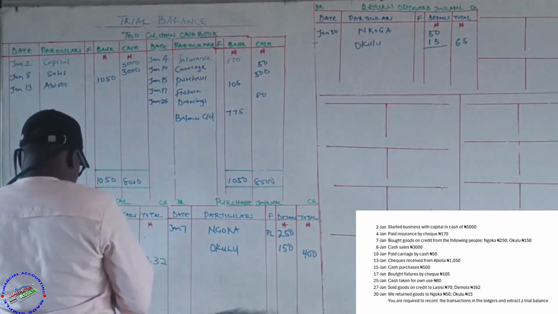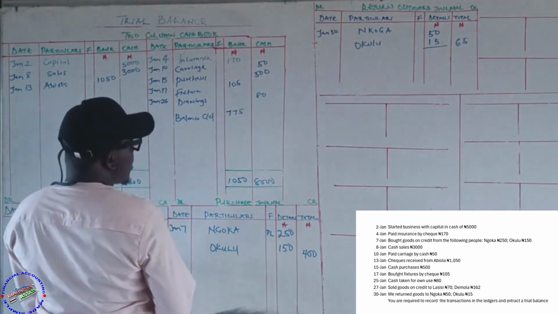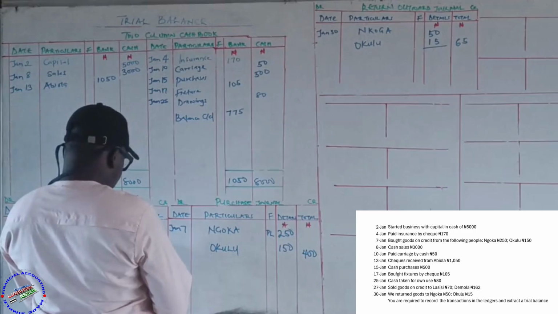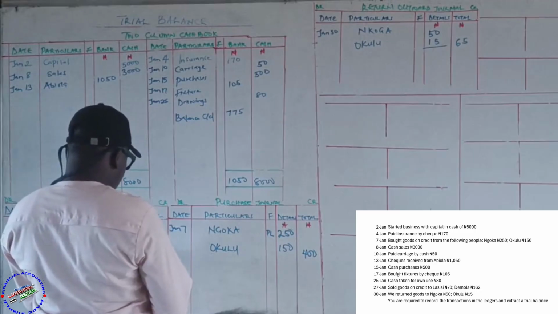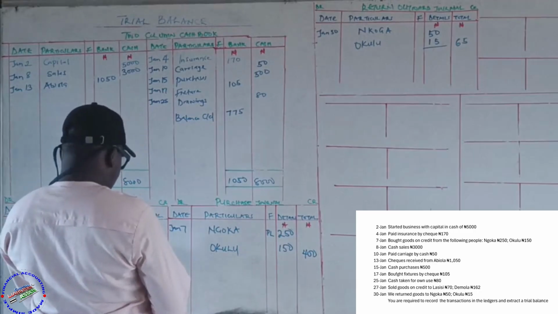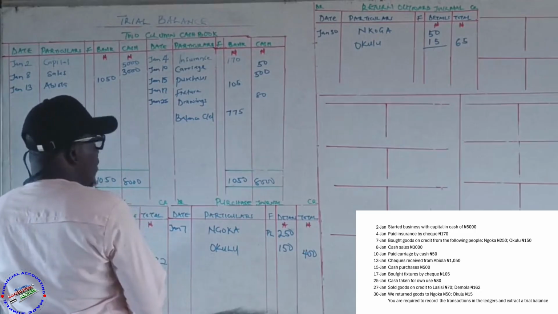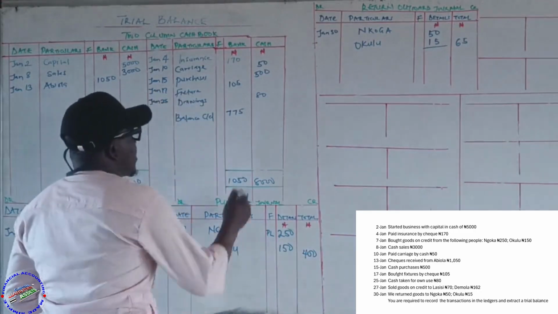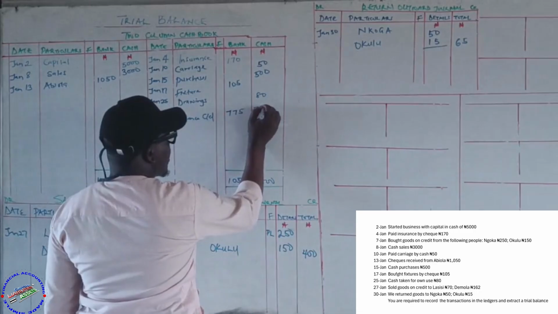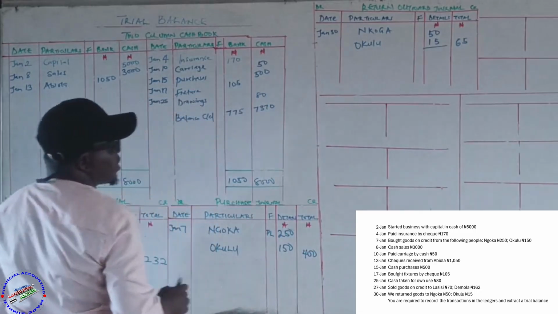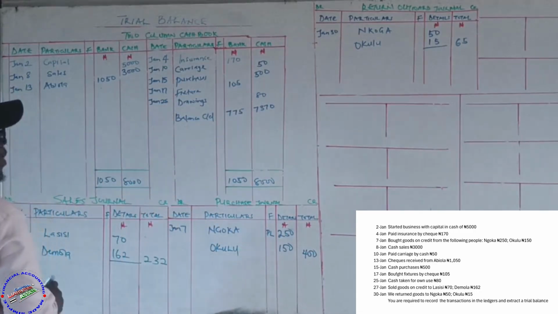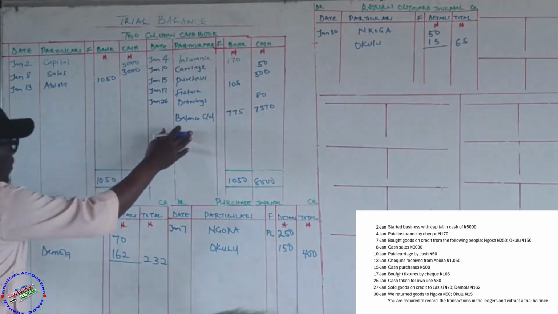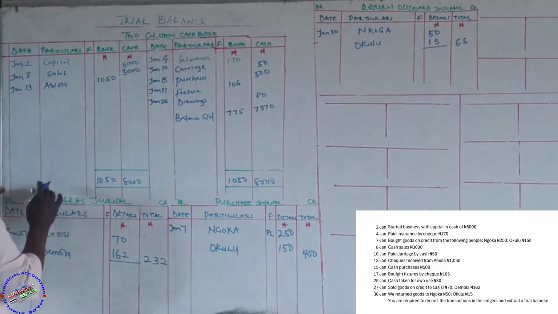While on the other end, you have 8,000 minus 50 minus 500 minus 80. We have 7,370. So the 7,370, we are going to bring down our balance on the debit side.